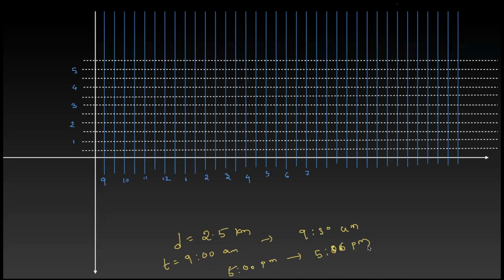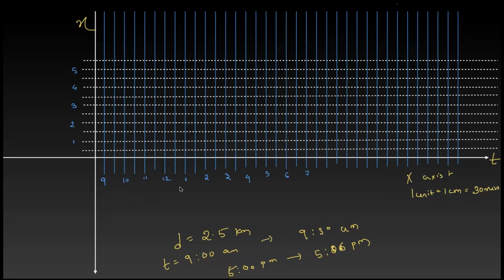So let us plot the graph. What scale have I taken? Scale is important. This is a distance-time graph. On the x-axis, I have taken time, where 1 centimeter is equal to 30 minutes.